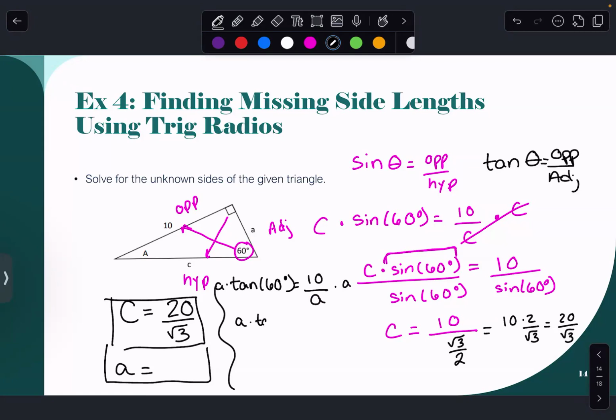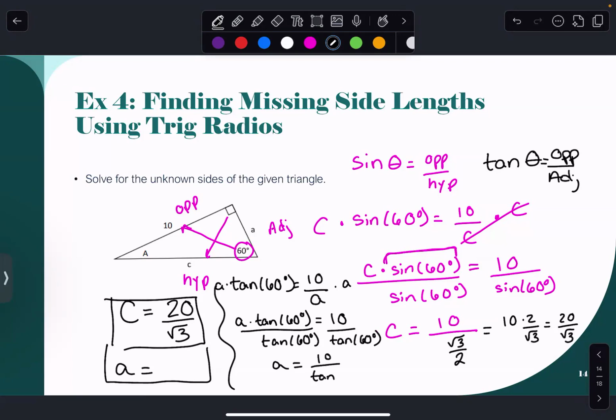A times tangent of 60 degrees is equal to 10. Then I'm going to divide tangent of 60 degrees on each side, and I end up with A is equal to 10 over tangent of 60 degrees. So what is tangent of 60 degrees? I'm going to go back to that page.